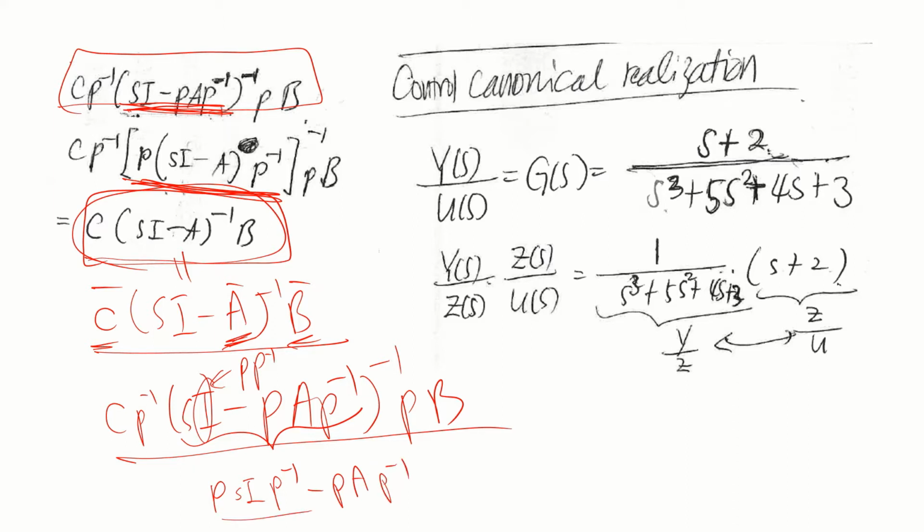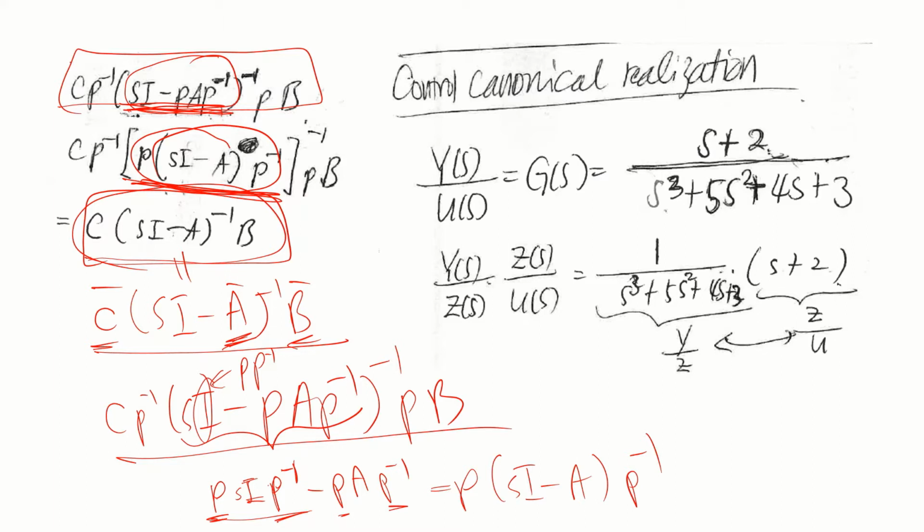S is a scalar, so it can be put anywhere, and P identity P inverse gives you identity, so it's sI. And now you have a P in front and a P inverse at the back. So P times (sI minus A) times P inverse. So that's why you have this here.